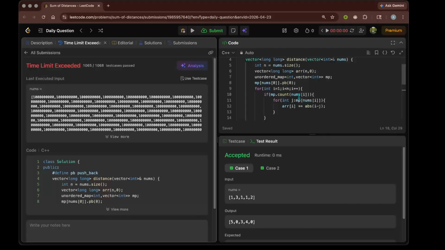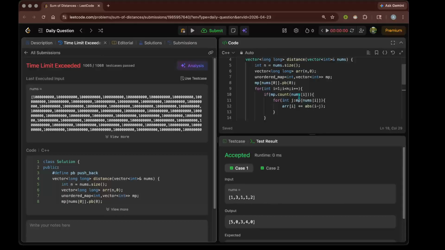Like we found lots of same elements, for that index we found the best from all the indexes. For this index, let's say it would be like what? Best is what? 1 plus 2 plus 3 plus 4, 10. So for example, I'm doing where we are getting 10 as the best.